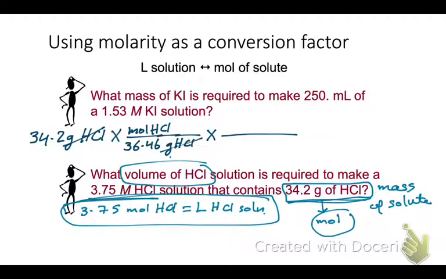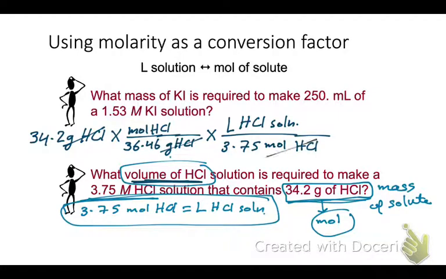So I'm going to say for every liter of HCl solution, or 1000 milliliter, both will work. Since they didn't really specify the unit in which they want the volume, either one will be good. For every liter of HCl solution, I have 3.75 mole of the solute.